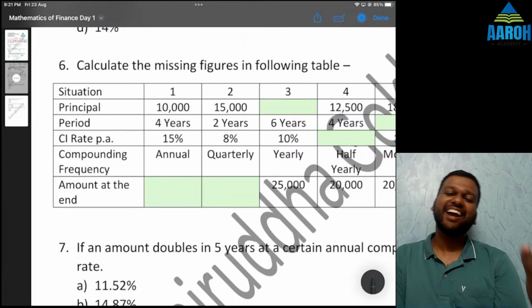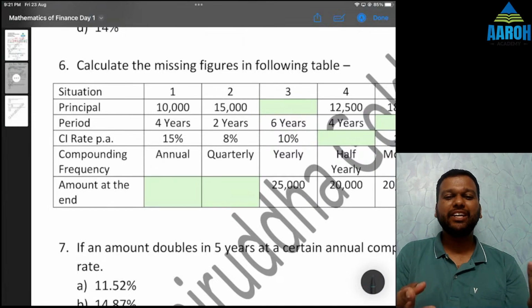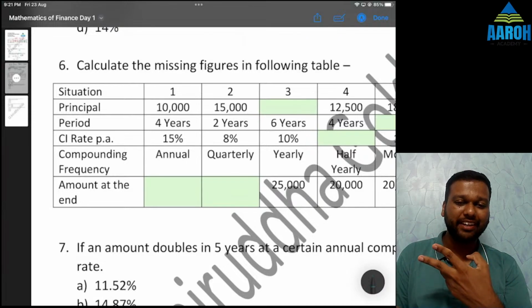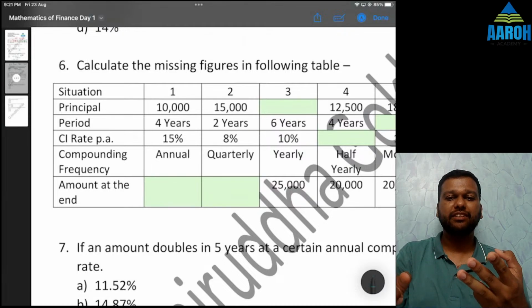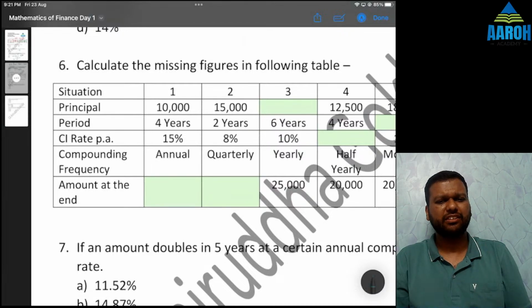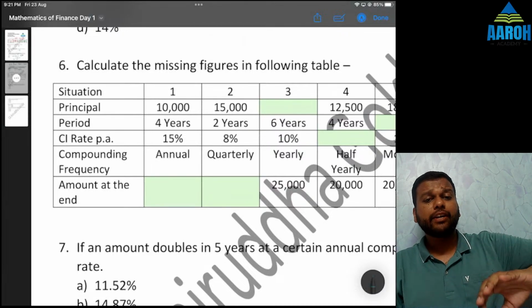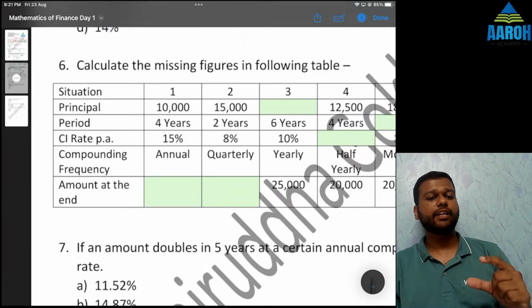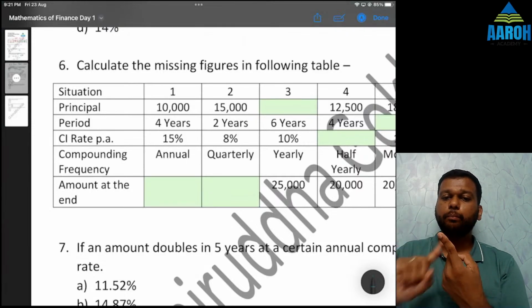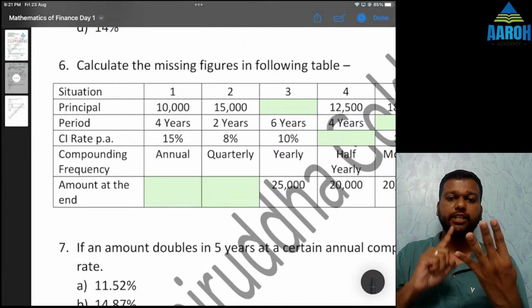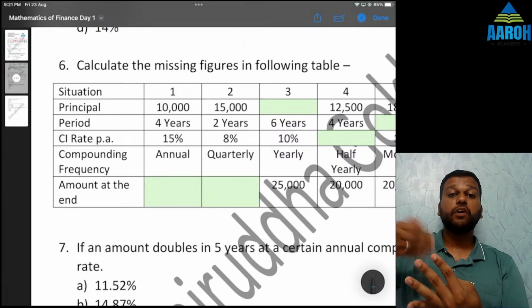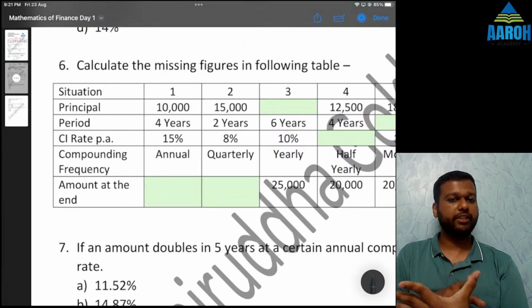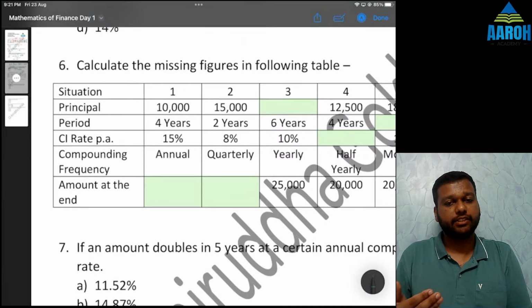Similarly we can get something like doubling, tripling, equations, or two investments together. Similarly in compound interest also we can get only a certain set of questions, like P is missing, N is missing, I is missing, A is missing, or reverse compound interest, which is depreciation, because depreciation is just negative interest, right?